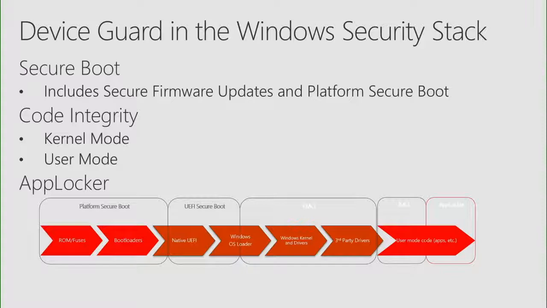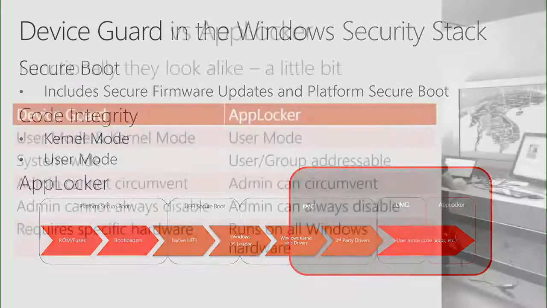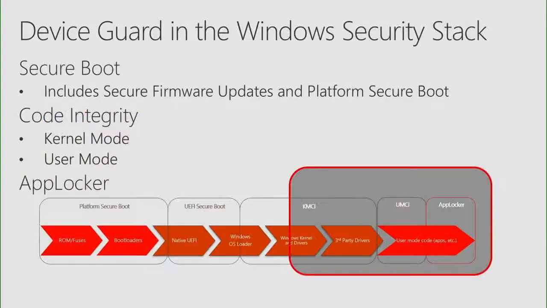Then, after Secure Boot, Device Guard comes in, and what Device Guard actually does, it runs both in kernel mode and in user mode. It checks each and every binary that is loaded if it's signed and trusted. And if it's not signed and trusted, it cannot be loaded.